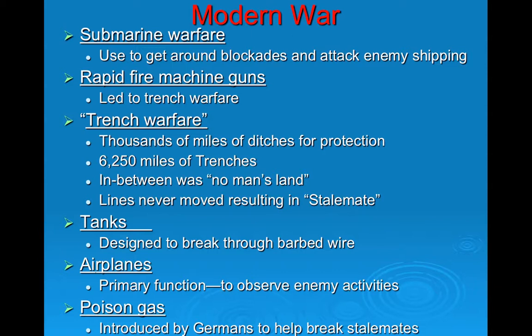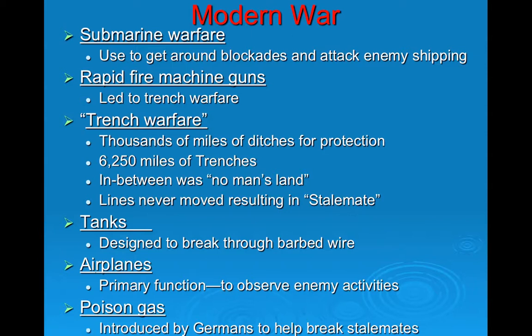Submarine warfare was used to get around blockades and attack enemy shipping. Massively important. We've talked about undersea boats, underwater boats, submarines. It's one of the first times they use them a lot. Rapid fire machine guns. Circle the word rapid. We're talking 500 bullets in 1 minute. You could literally cut a tree down with your bullets.